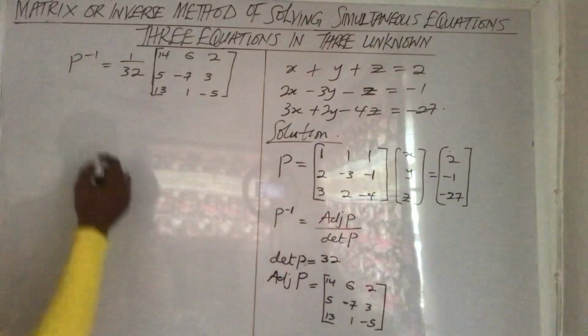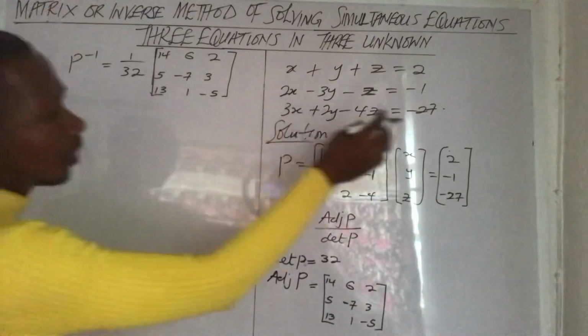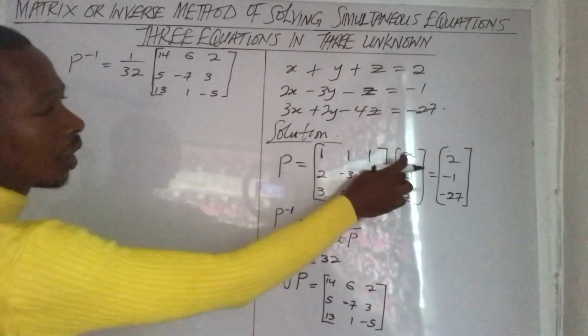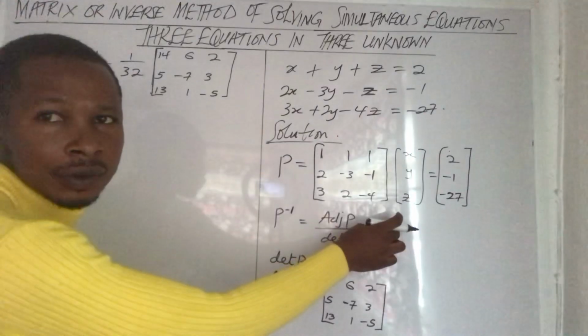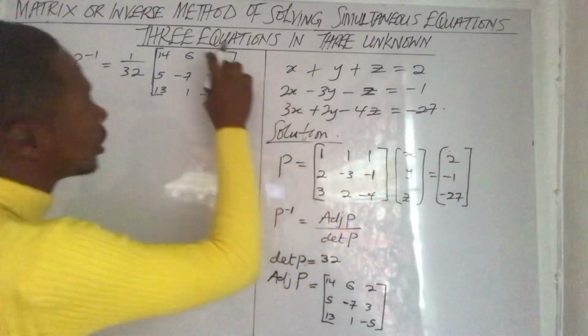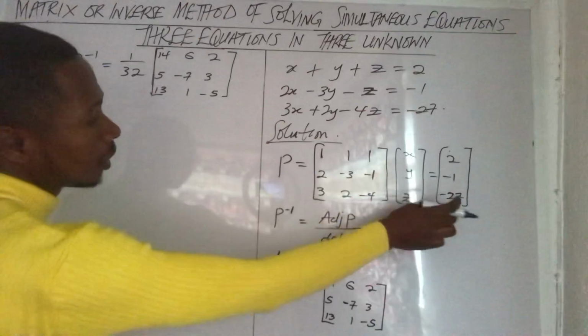If I continue with this now, I use this inverse to multiply by the answer, and it will give me my x, y, z.